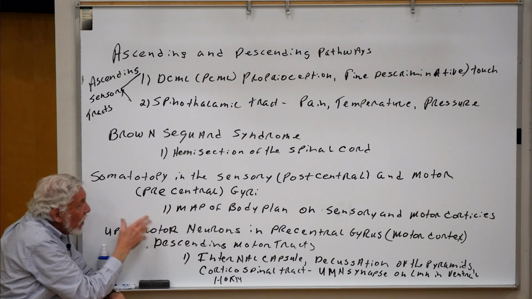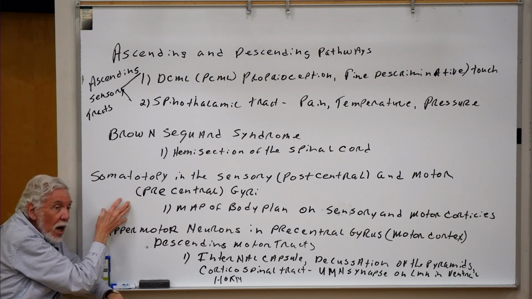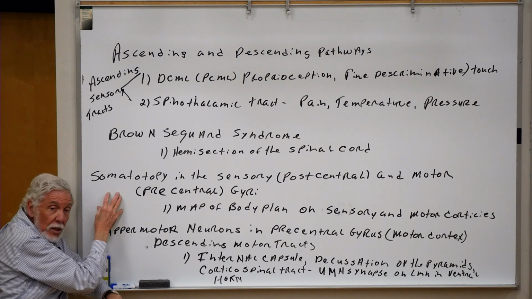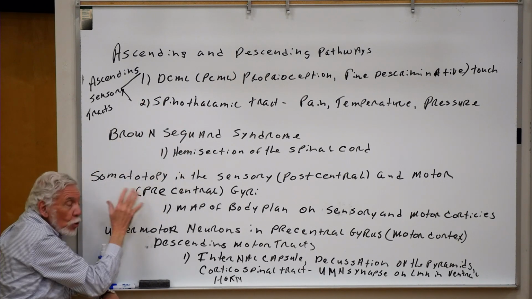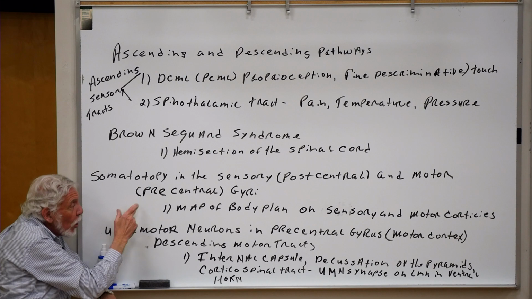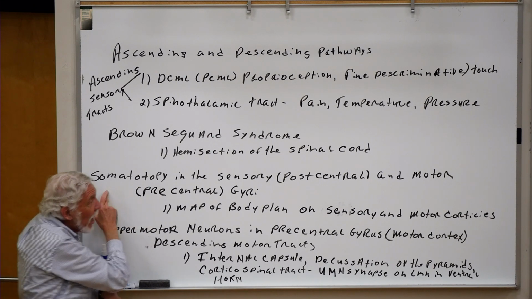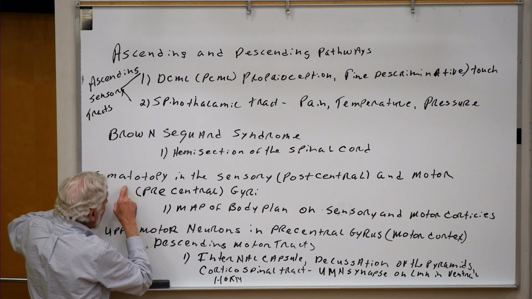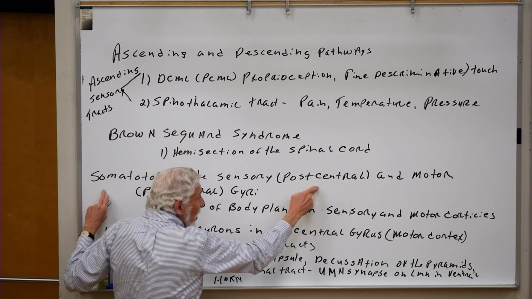Then once we've come through the concepts of the somatosensory system and the sensory information that is coming into the region of the brain called the postcentral gyrus. The postcentral gyrus is a portion of the cerebrum that is somatosensory.